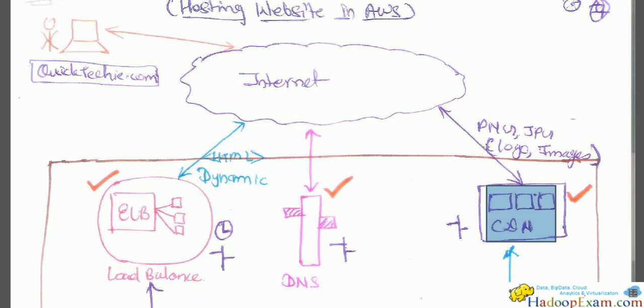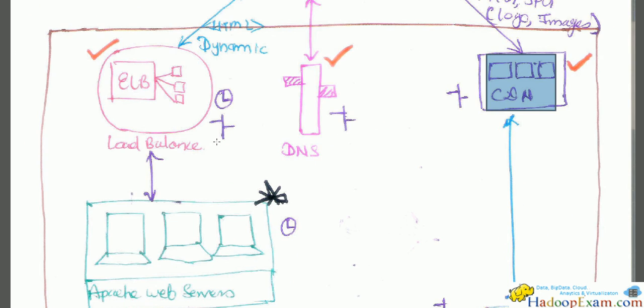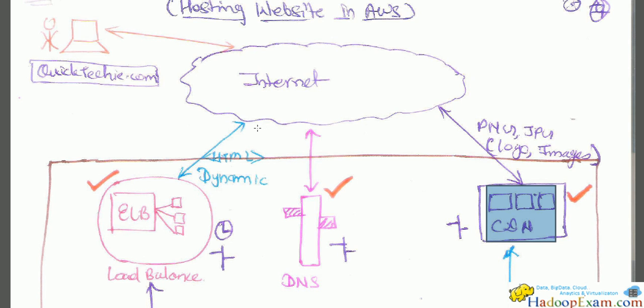It gives you the advantage that all the static content can be sent easily over the internet. It would do some caching of the static files, so they will be delivered easily. These are services already provided by Amazon Web Services, and you are using them and getting the benefit of these services.